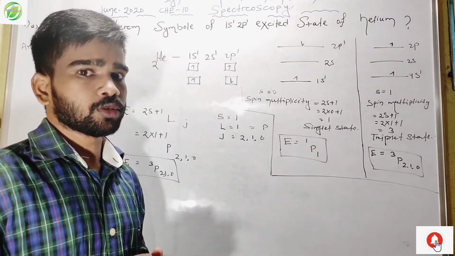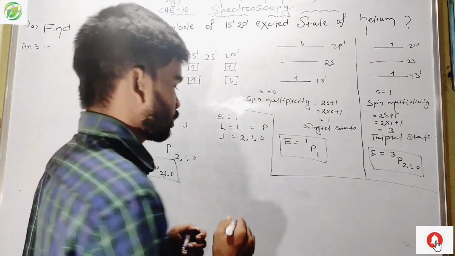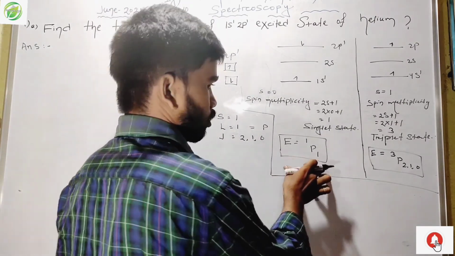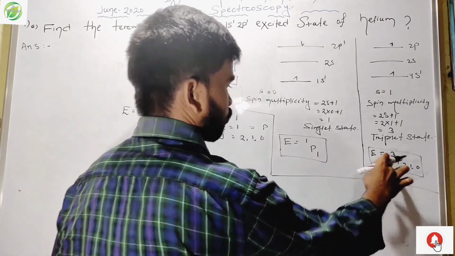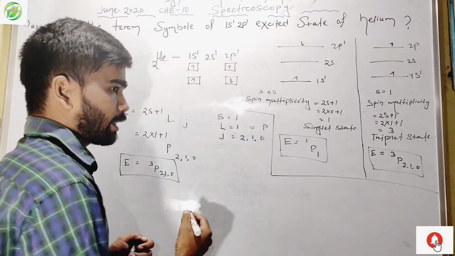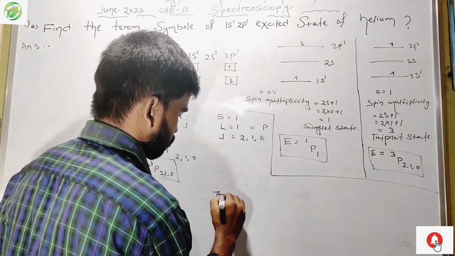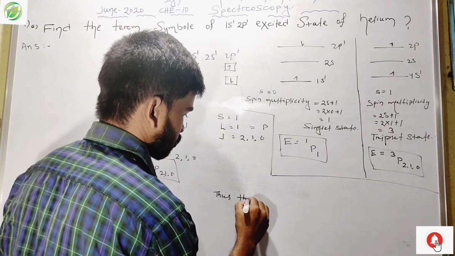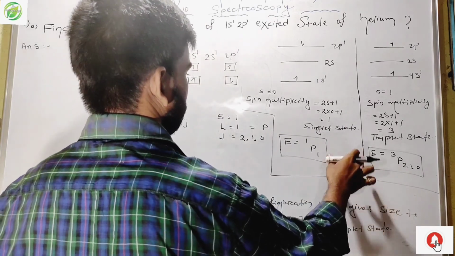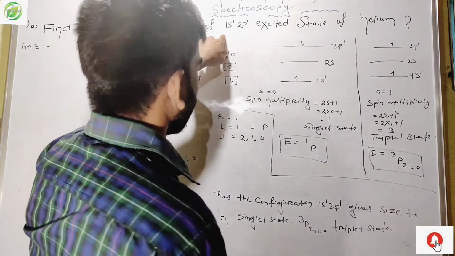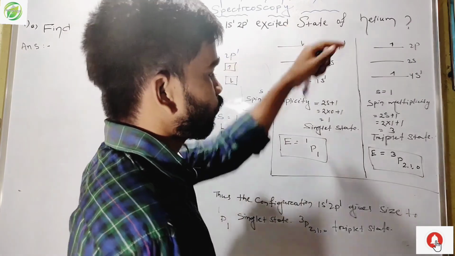Thus the configuration 1s1 2p1 gives rise to this value for the singlet state and this value for the triplet state. We write it like this. Thus, these are the two term symbols of the 1s1 2p1 excited state of helium.